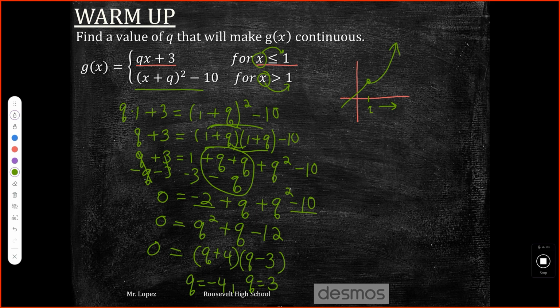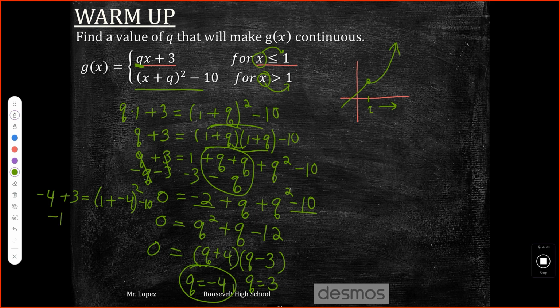Why don't we just plug it in? Let's plug in negative 4 and see what we get here. If we plug in q is negative 4, then we get negative 4 times x is 1, so it's negative 4 plus 3 has to equal 1 plus q, negative 4, squared minus 10.